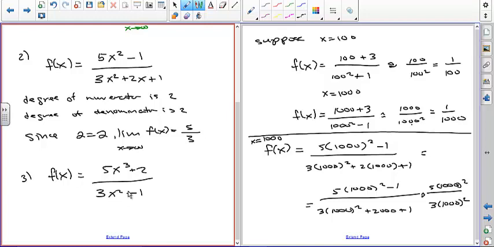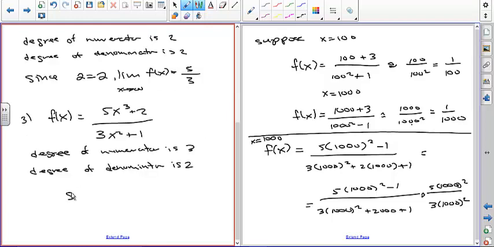Here the degree of the numerator is 3, and the degree of the denominator is 2. So since 3 is greater than 2, the limit of the function as x approaches infinity does not exist.